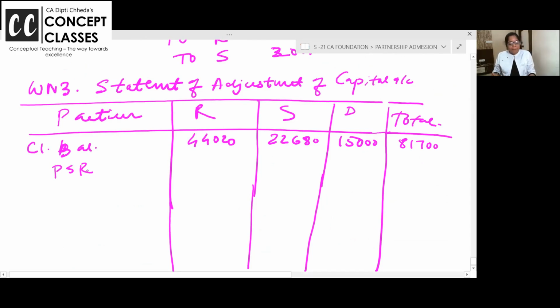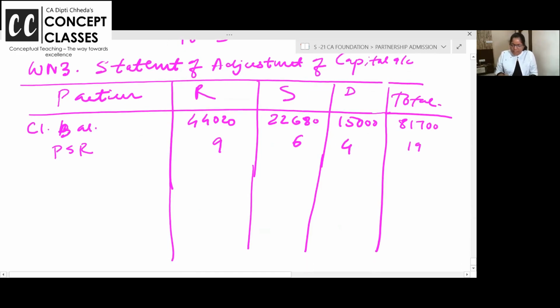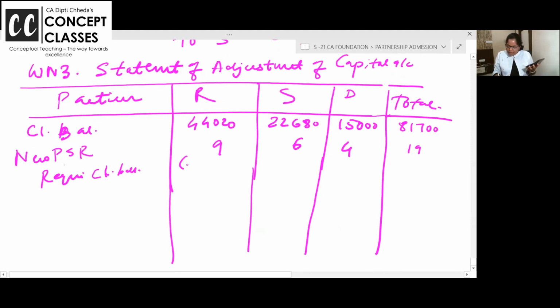And you want the capital to come in their new profit sharing ratio 9:6:4. Total is 19. Closing balance, PSR new, required closing balance. What is the required closing balance? 81,700 into 9 by 19. 38,700 you want.